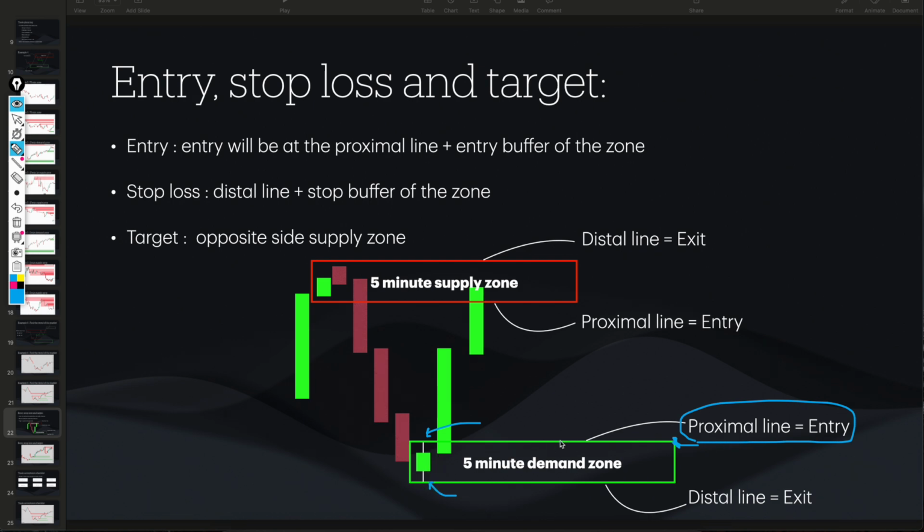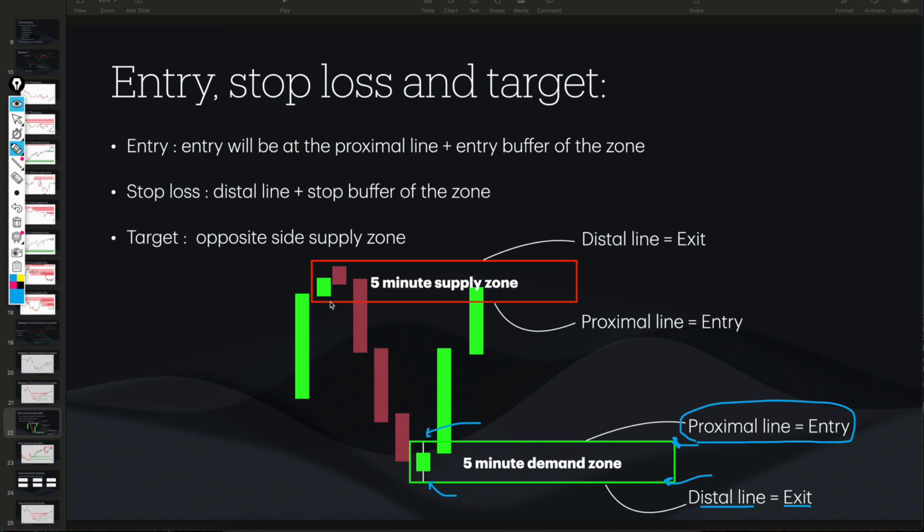Whatever is the high of that zone is my entry point, and that is termed the proximal line, and whatever is the ending of this zone or the lower part of the wick, we call it the distal line or stop loss, or we can also say the exit of the zone.